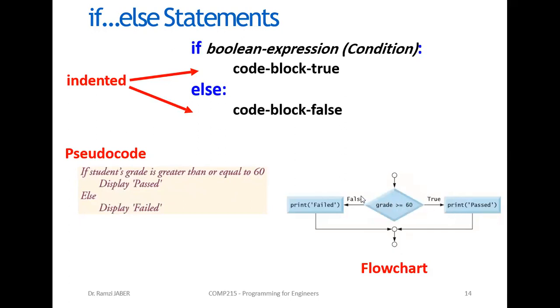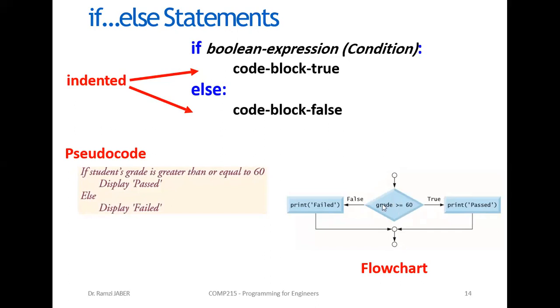If it's false, go left. Go right if true and print passed, or if false go left and print failed. At the end, both the true part and false part join in the same small circle. This is for the next step. Previous step, our step, next step.